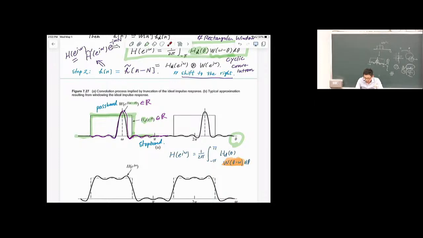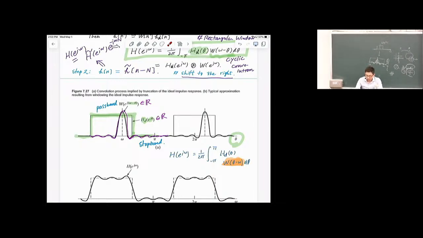When you flip it, it's still the same shape because it's symmetric. But we flip it and shift it to frequency omega, so that it is centered around omega. Then we multiply and calculate the area under the curve.